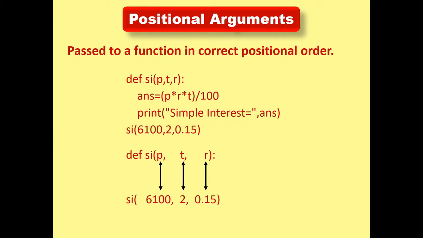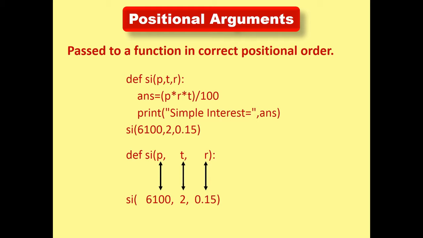Dear students, when we talk about positional arguments, they are passed to a function in the correct positional order. Here is an example of simple interest where we have three parameters.